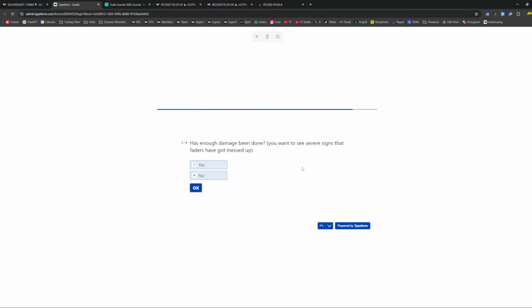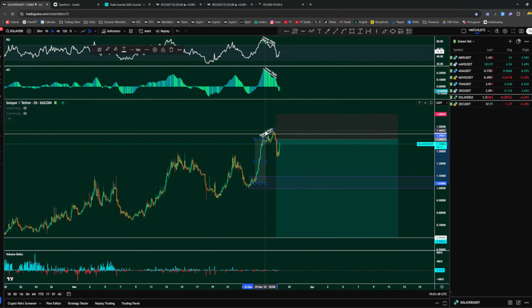Has enough damage been done? You want to see severe signs that traders have got messed up. Yeah, there's some nasty wickage here. Okay, so first tap into that, the first sweep technically, second sweep, sweep of a sweep, and third sweep. Okay, so this is significant damage being done. Anyone who placed their stops here or here on that high, they've all got stopped out.